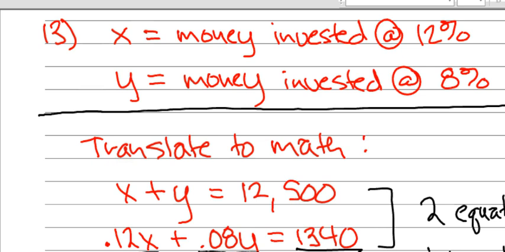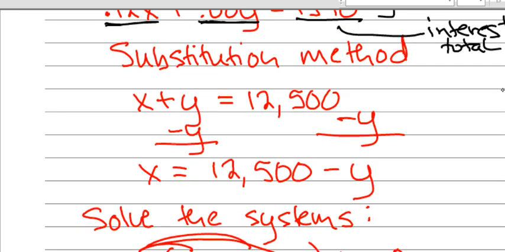So you can use the addition method if you want. I'm going to use substitution. And again, use whatever you're most comfortable with. I wouldn't really use graphing. That would be too difficult. I would either use substitution or addition.